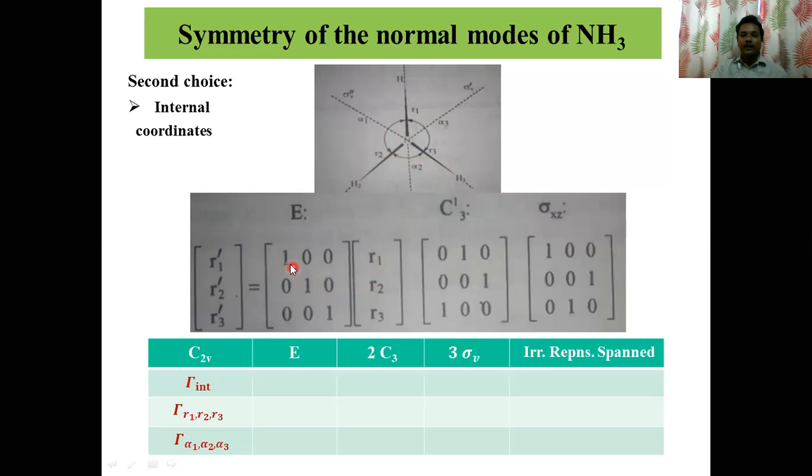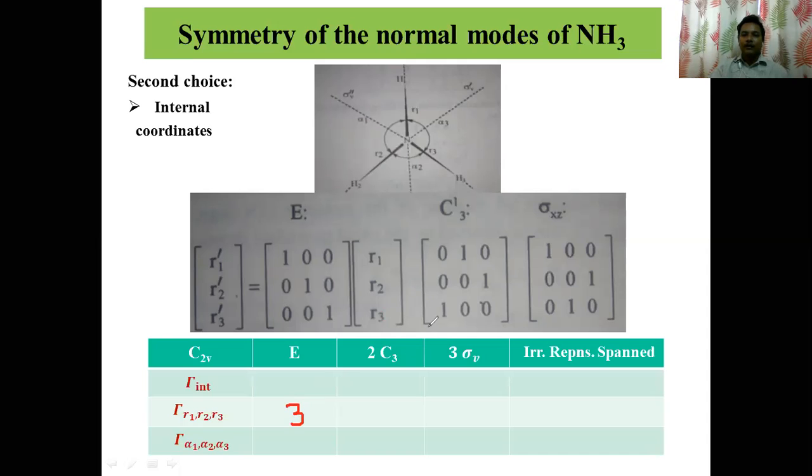So therefore, it's going to be something like 1, 0, 0, 0, 1, 0, and 0, 0, 1, right? So R1 prime is going to be R1, R2 prime is going to be R2, and R3 prime is going to be R3, right? So the character under identity then is going to be the sum of all these numbers, right? So that is going to be 1 plus 1 plus 1. So that is going to be 3 here, right?